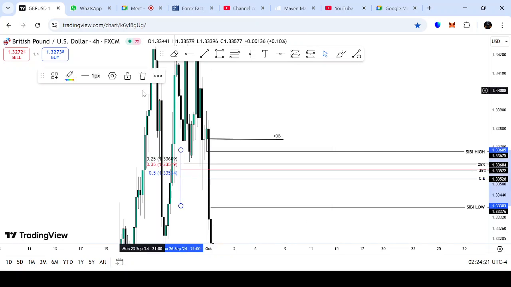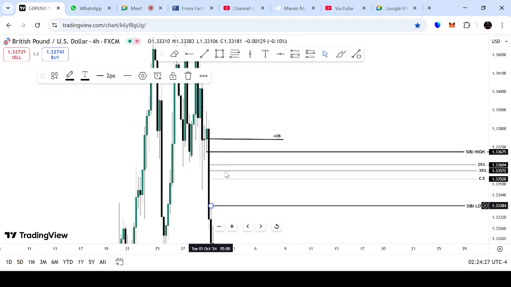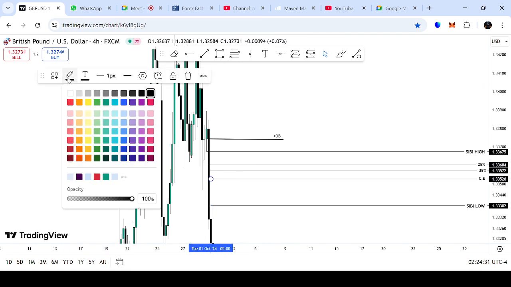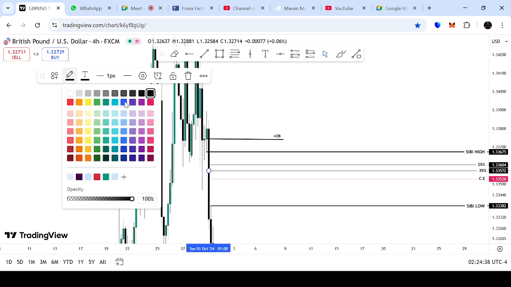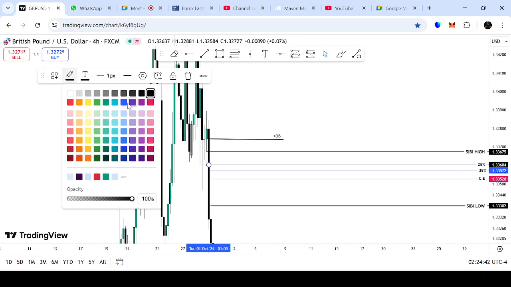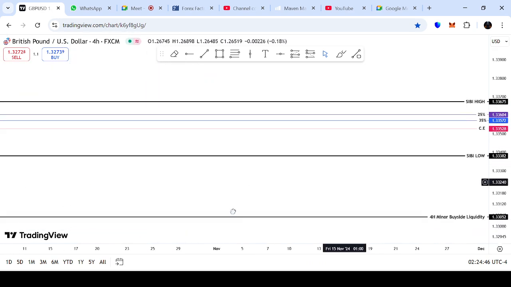And you can remove your Fibonacci since you have gotten the levels annotated on your own chart. You can decide to change the color, any color to your own preference.